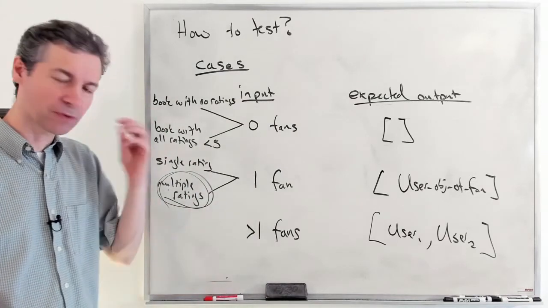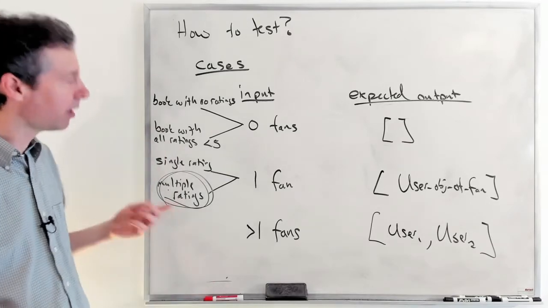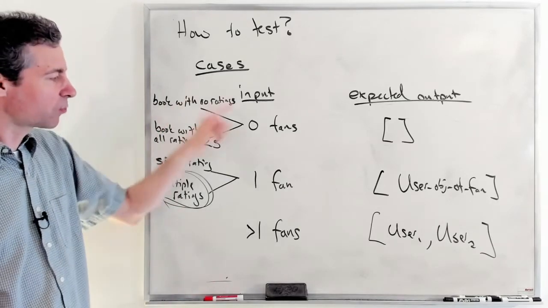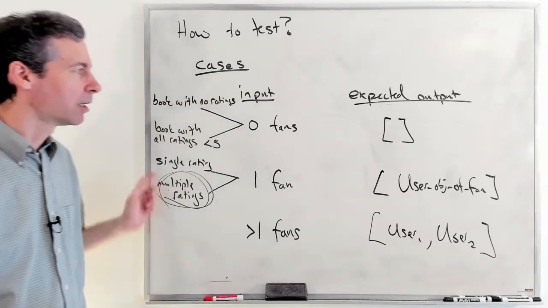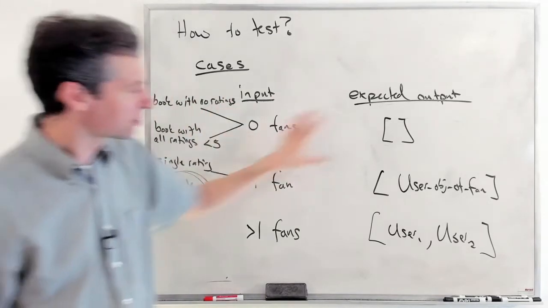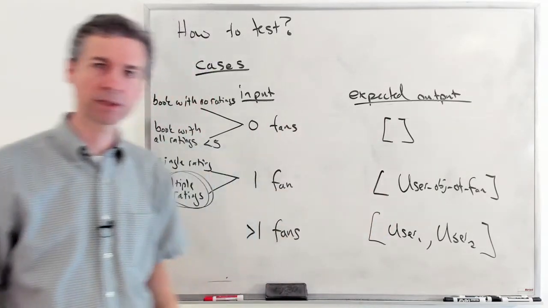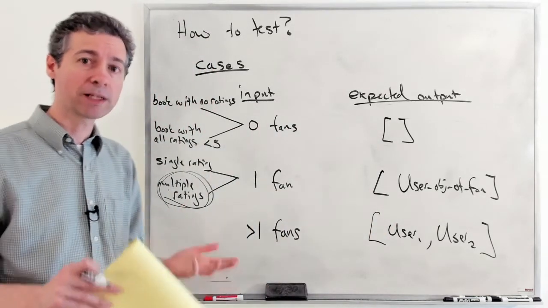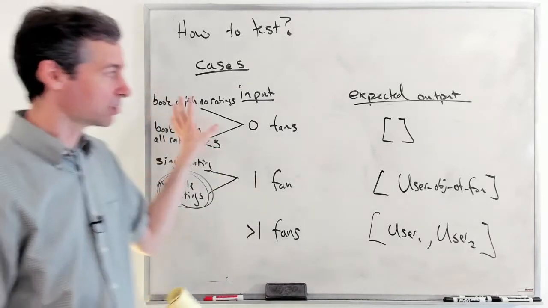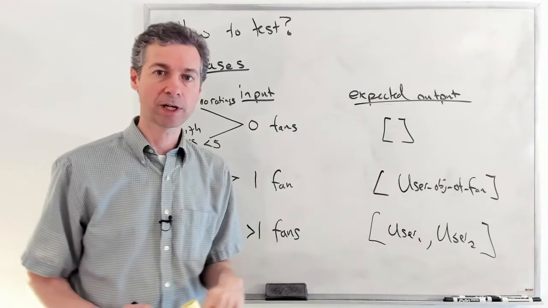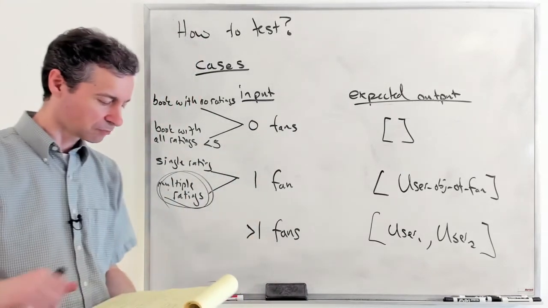But this is what you've got to do. You've got to go, yeah, these are all the sorts of ways that data could come in. What sort of mistakes could I make? And so then what are my test cases and what will they go to my expected output? And now I need to arrange the input to match my input and then check my expected output after I've written my code.